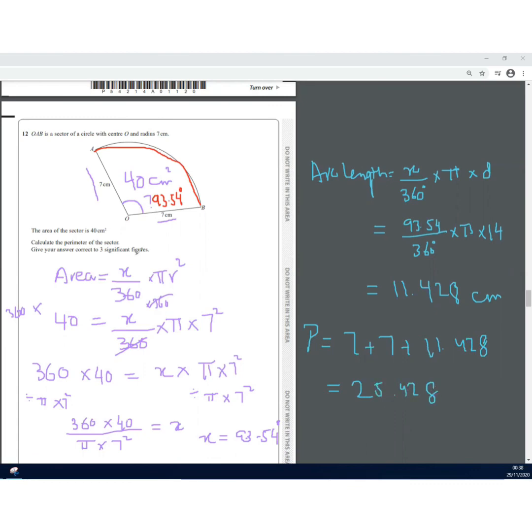And again, because they need an answer to 3 significant figures, that would simply be 25.4 centimeters. That's the perimeter of the given sector. Let's move on to question number 13.